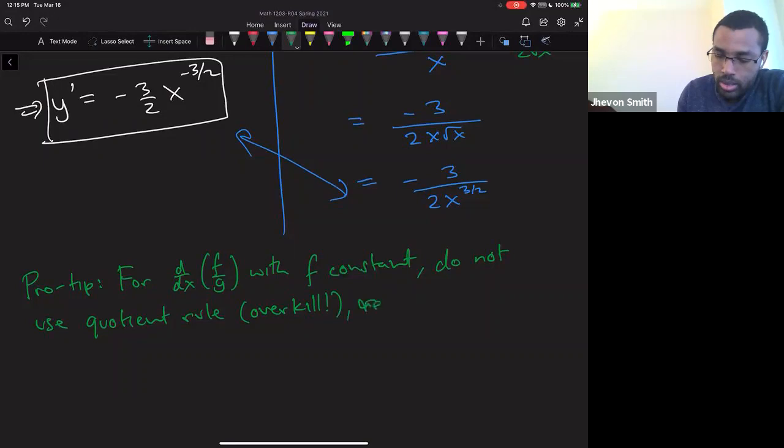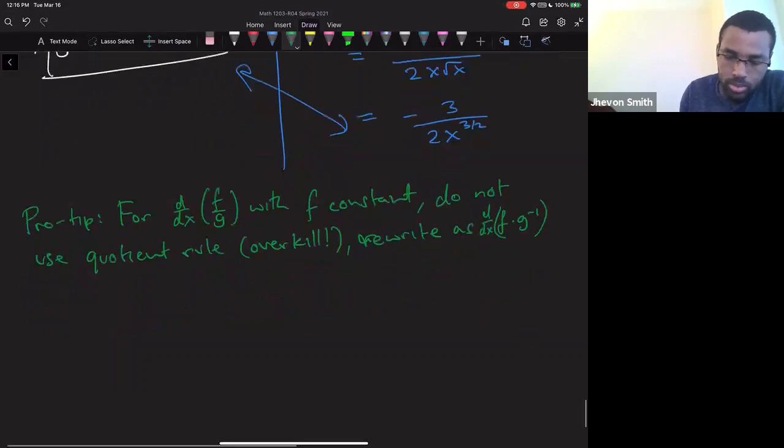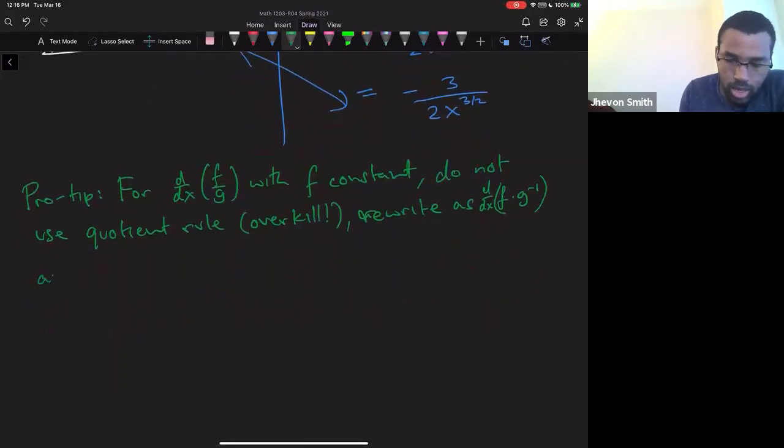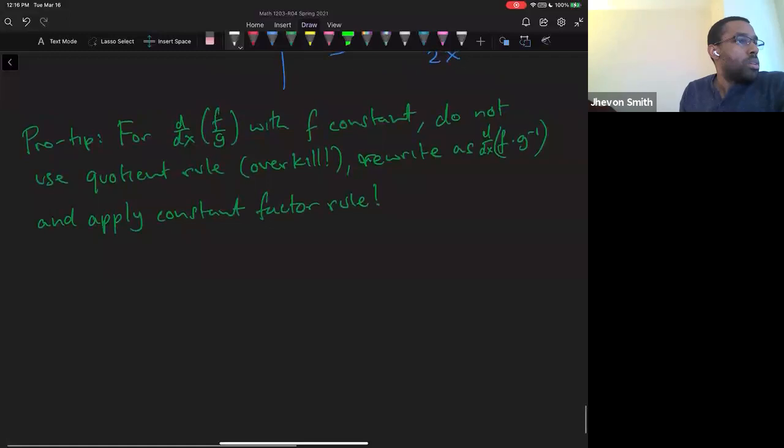Rewrite as f times g to the negative 1 and apply constant factor rule. Okay, so some important concepts there.